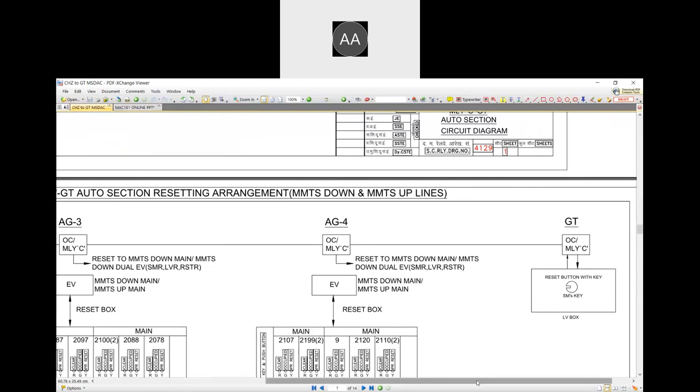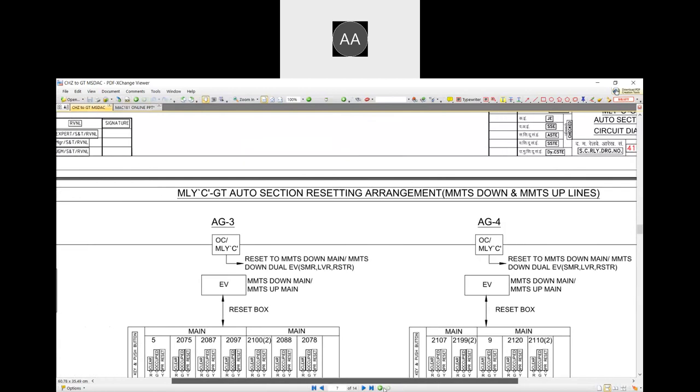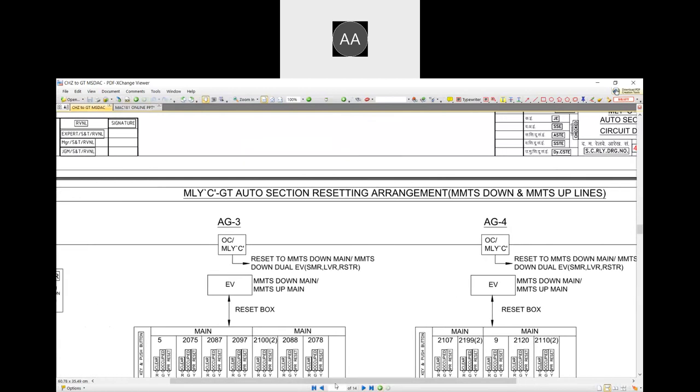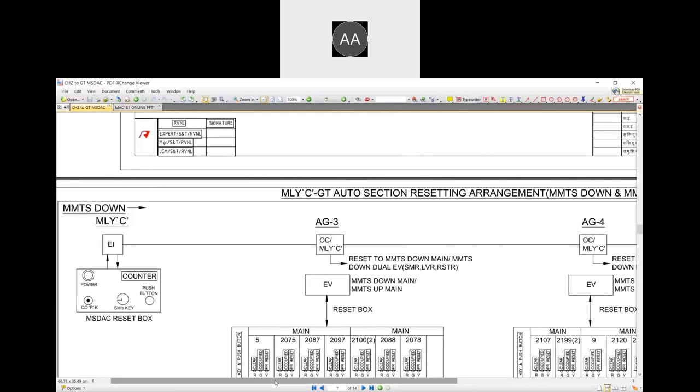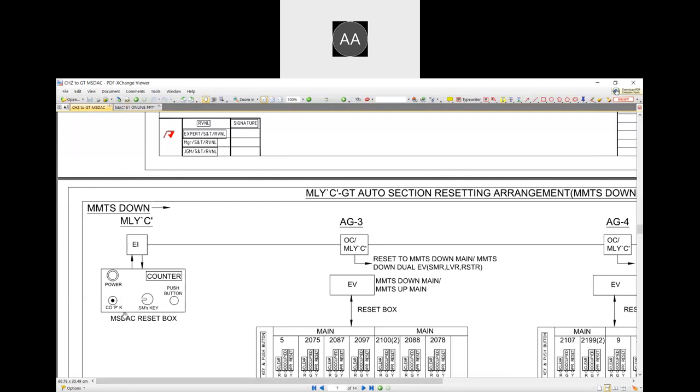In case any track section in between the auto section fails, the station master wants to apply reset for that track section. First, the receiving station master will give line verification, because they want to verify the complete arrival of the train. After the receiving station master applies line verification, the sending station master's global reset box has one LV indication.